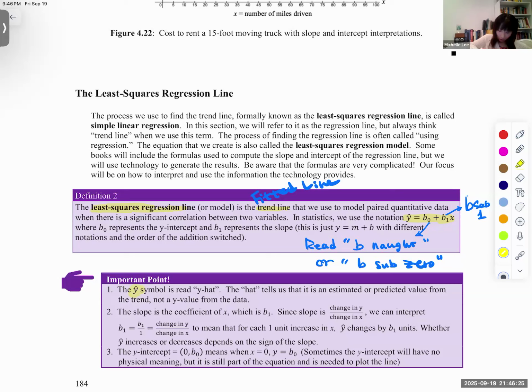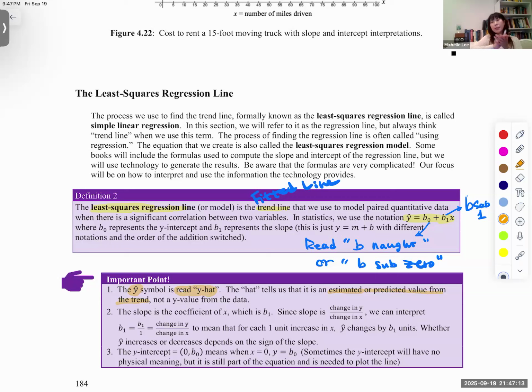The hat is telling us it is an estimated or predicted value from the trend.